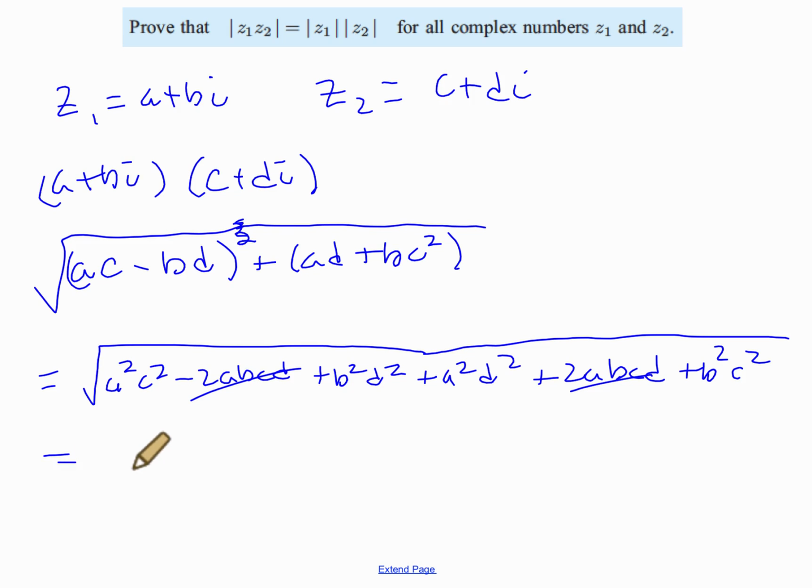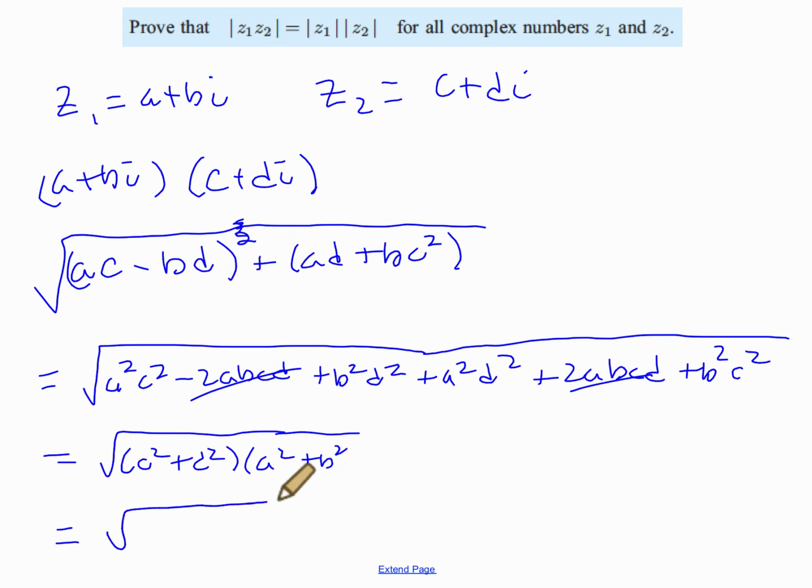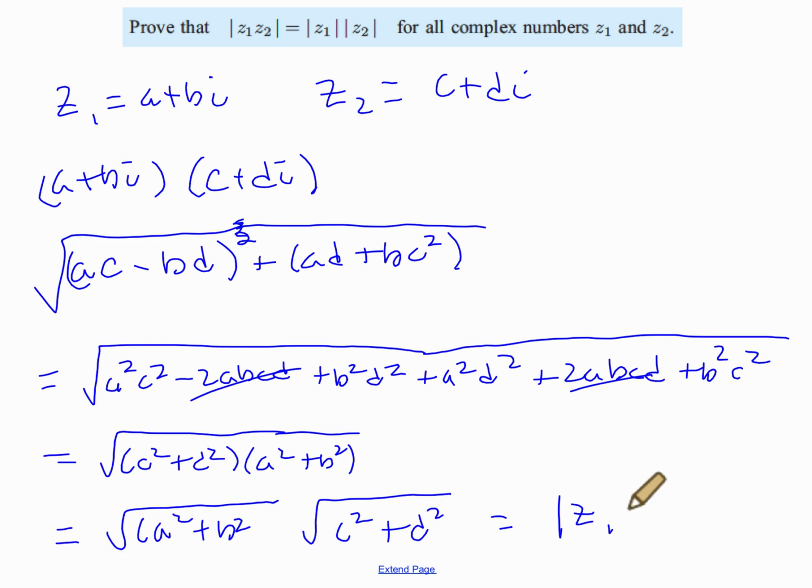And finally, we can get this down to the square root of (c squared plus d squared) times (a squared plus b squared) by gathering some like terms and doing some factoring, which is equal to the square root of (a squared plus b squared) times the square root of (c squared plus d squared), which is mod of z1 times mod of z2.